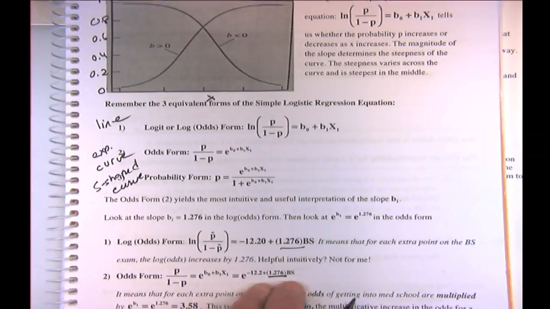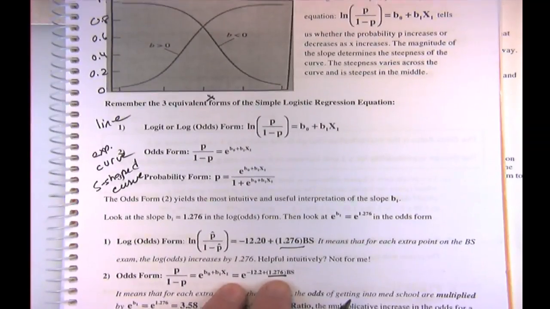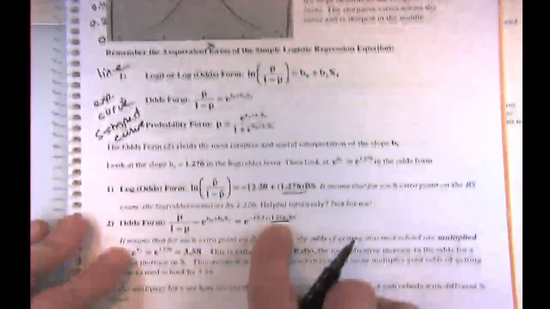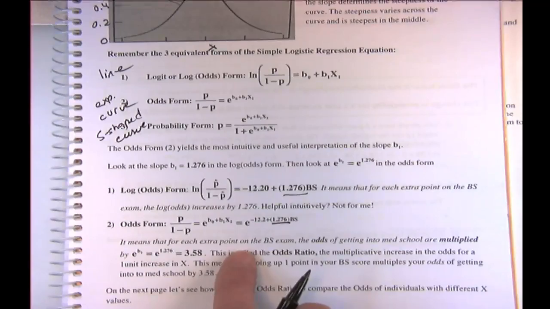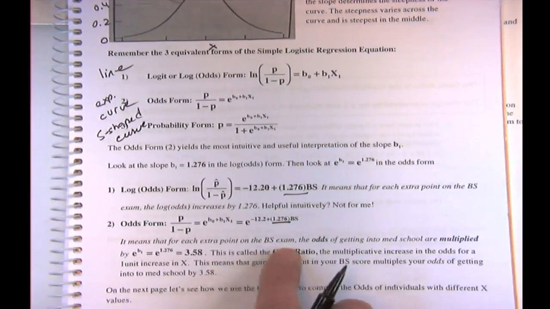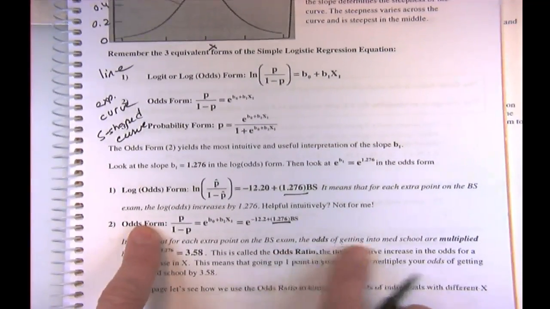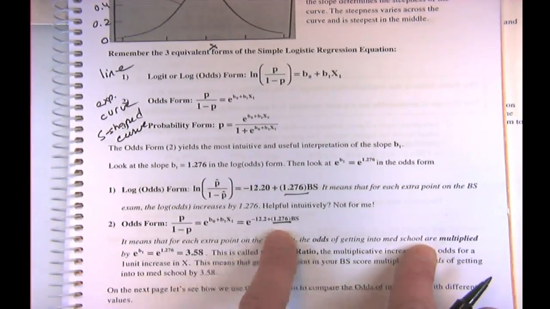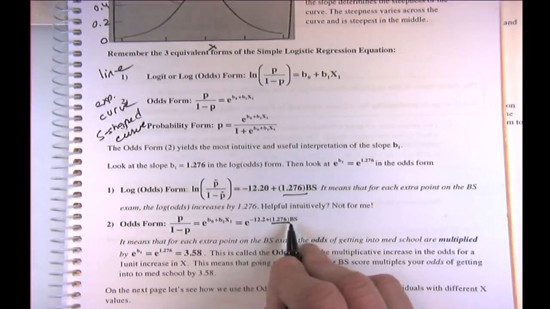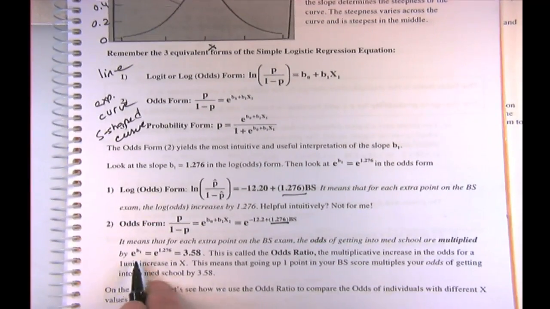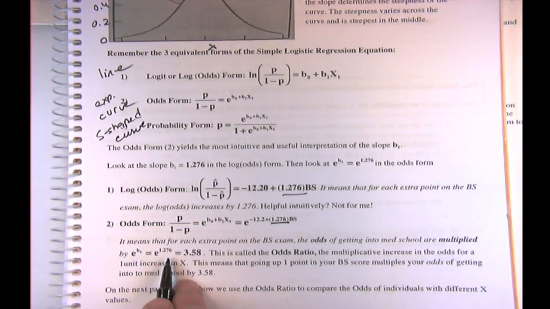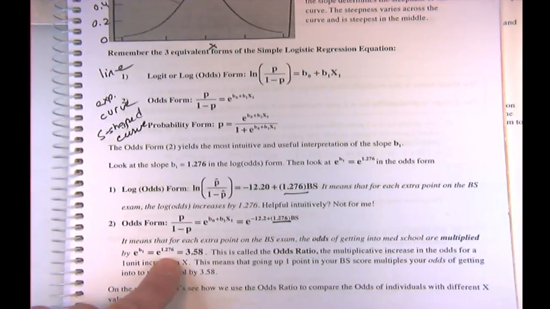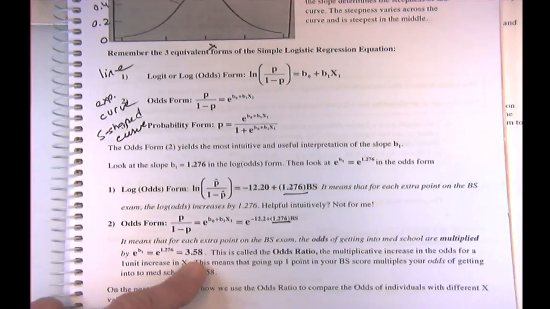But now let's look at our odds form and look where that 1.276 is. It's right there. Okay, now what does this mean? This means that for each extra point on the biological science score, the odds of getting into medical school are multiplied. Each extra one, you're going to be multiplied by e to the slope, or e raised to the 1.276, which is about 3.58.